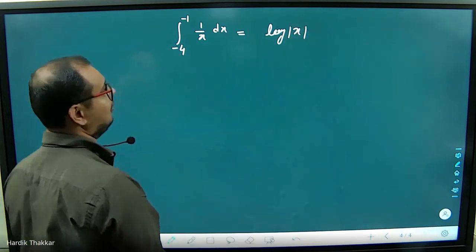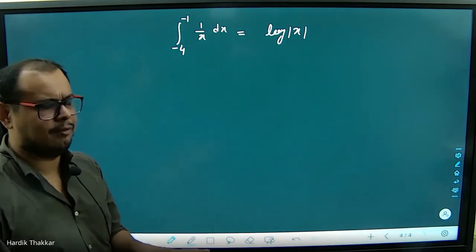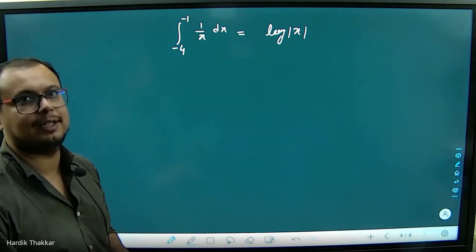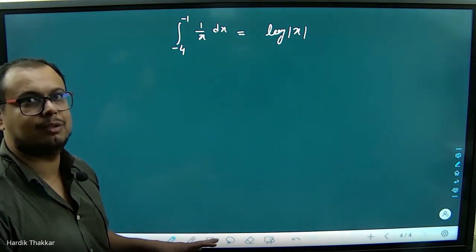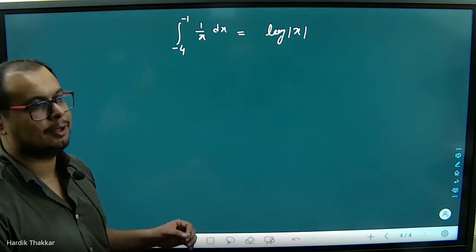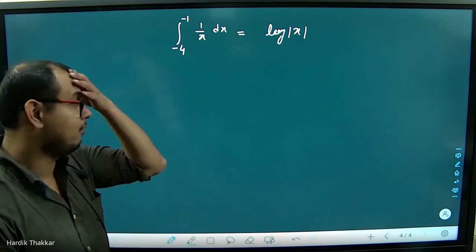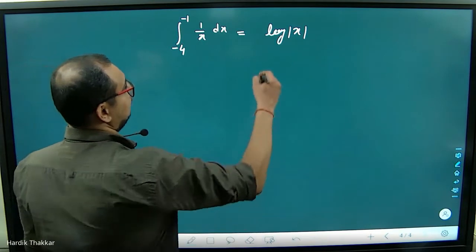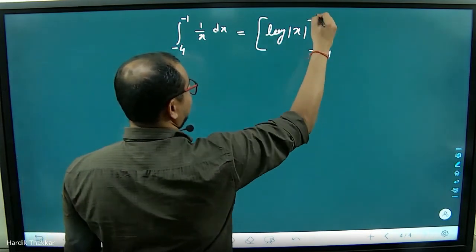Whenever you get an integral as a logarithmic function, you always have to write log mod x, but we ignore it many times because the logarithmic function is defined only for positive values. It is not defined for negative. So it will be log mod x, and further it is from -4 to -1.